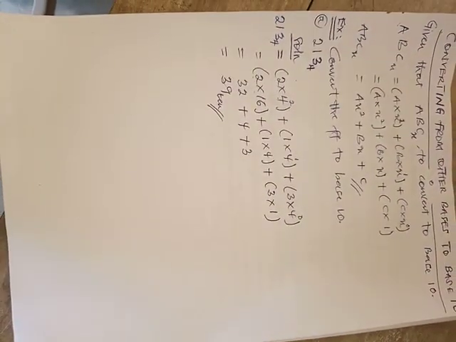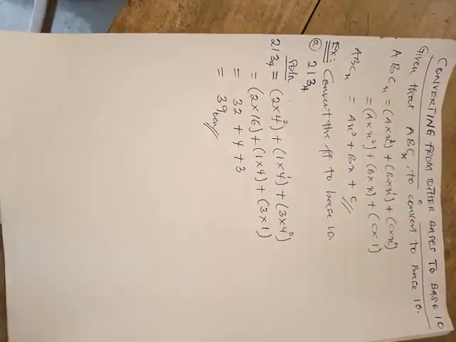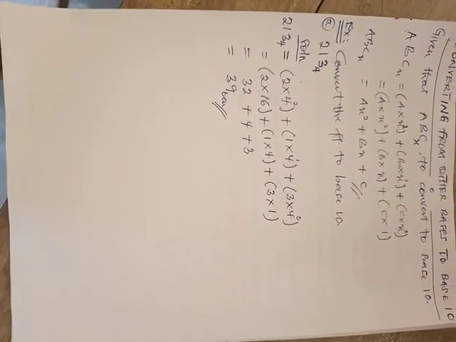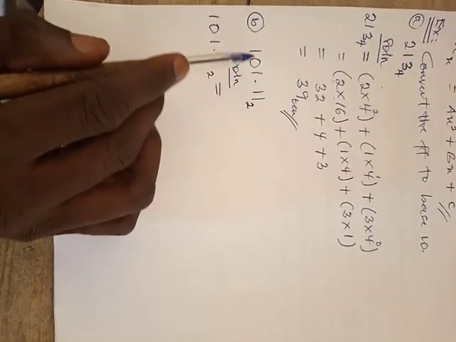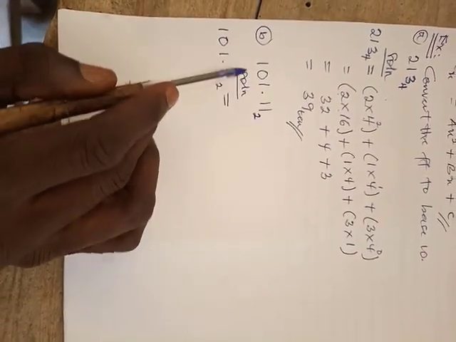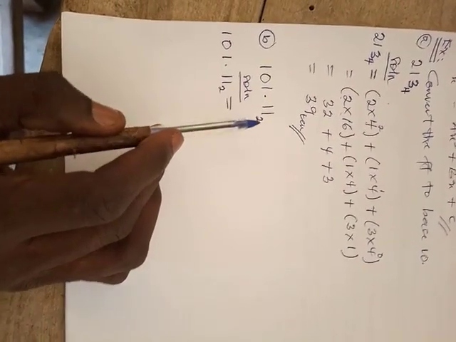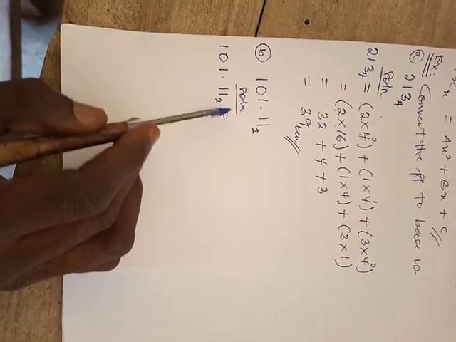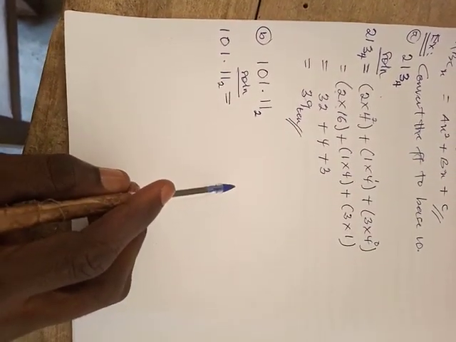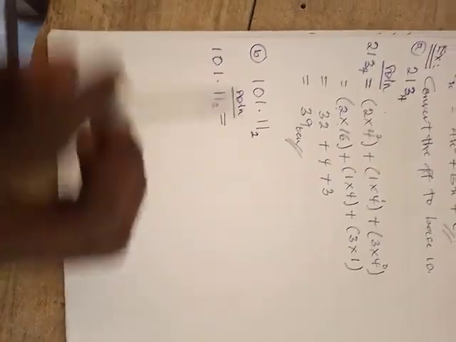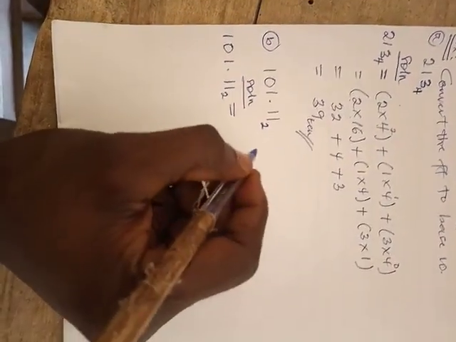So when you have any number to base 10, that's what happens. Now let's look at a case whereby we have a decimal number, 101.11 base 2. We are converting this into base 10. So we go by the same trend.